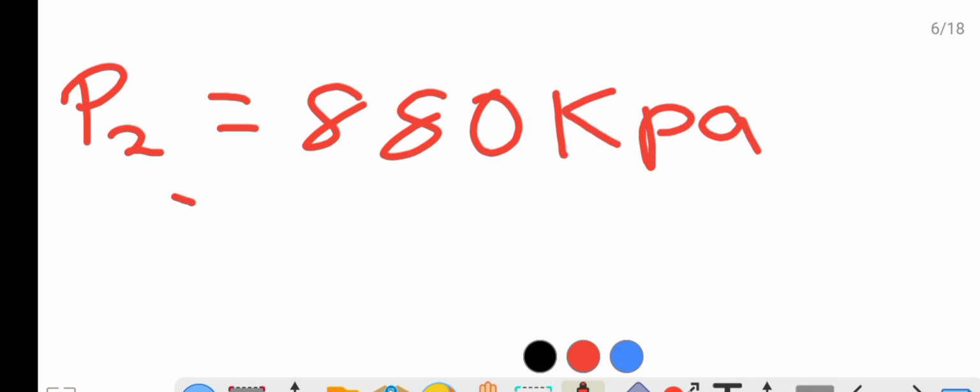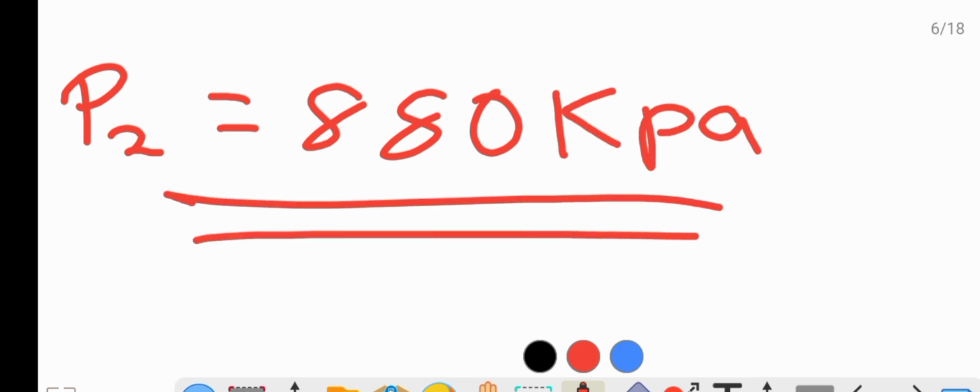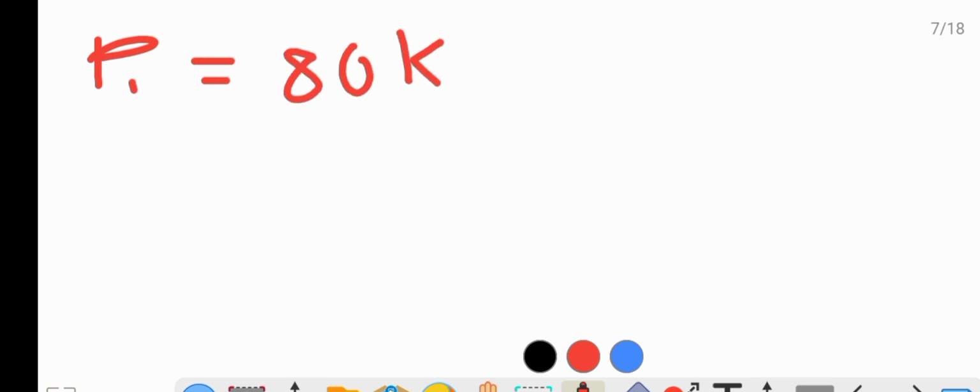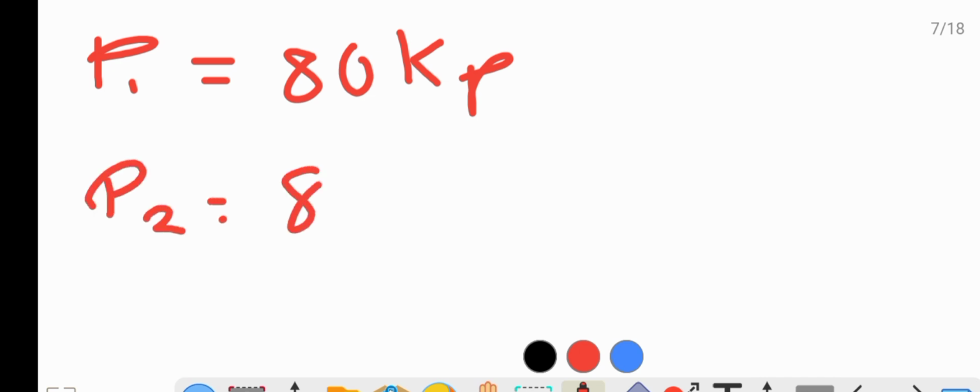kilopascal. Now the question is, if you analyze this answer that we are getting here, is it making sense? Does it really obey Boyle's law? All right, so if we want to really justify that, we are going to analyze this. So pressure 1 was 80 kilopascal. Pressure 2 gave us 880 kilopascal.